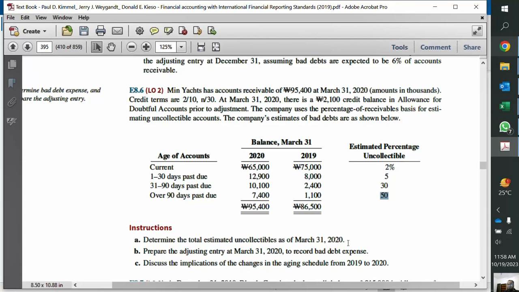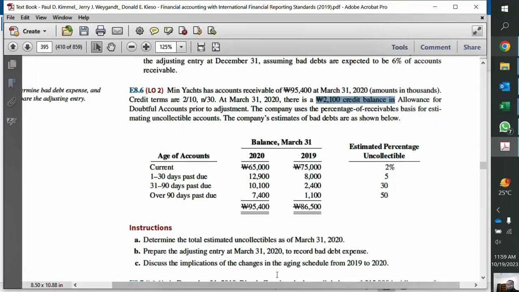This has to be the balance in the allowance account. Prepare the adjusting entry. The adjusting entry will not be made by this amount; rather it will be made by this amount minus the existing credit balance. So we deduct that and make a credit entry so that the total of the allowance account after the adjusting entry becomes equal to the total of these percentages.